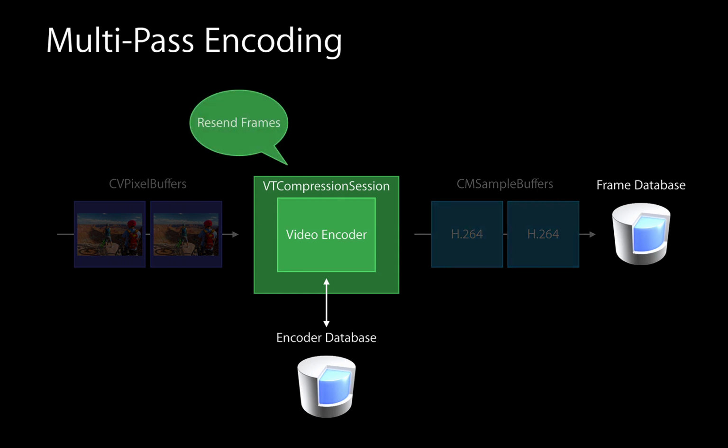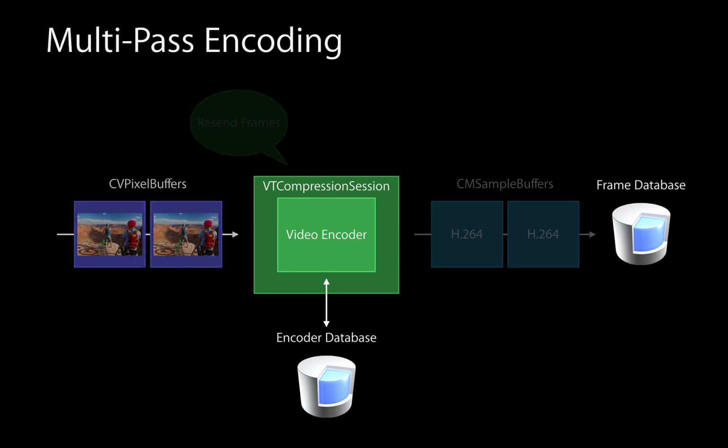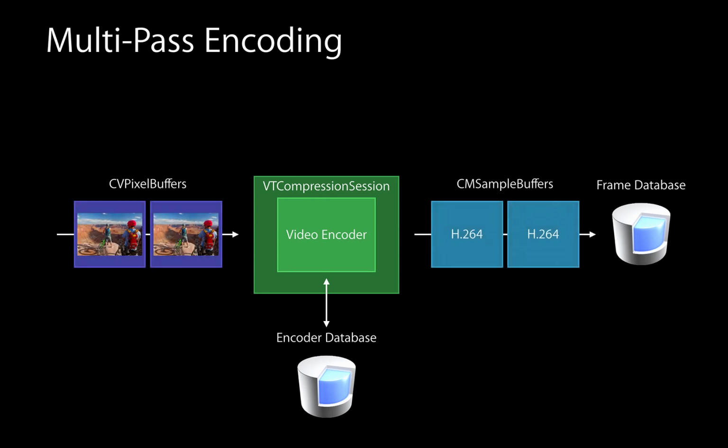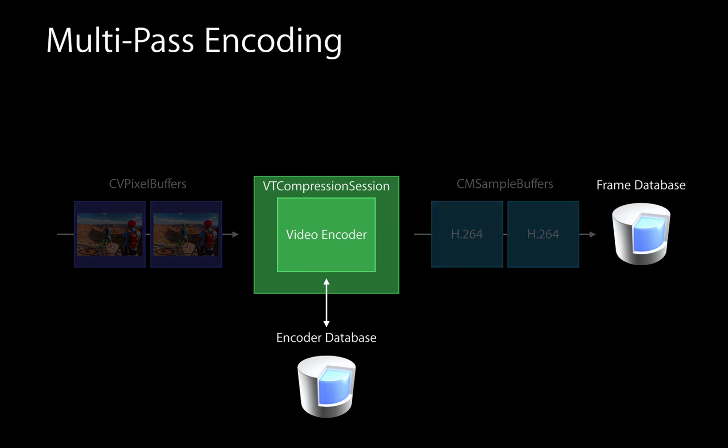So we're done appending for one pass, and the encoder will decide, I think I can actually do better in another pass. So I can tweak the parameters a little bit to get better quality. It will request some samples, and you'll go through and send those samples again to the encoder. And then it may decide, I'm done, or I want more passes. In this case, let's assume that we're finished.